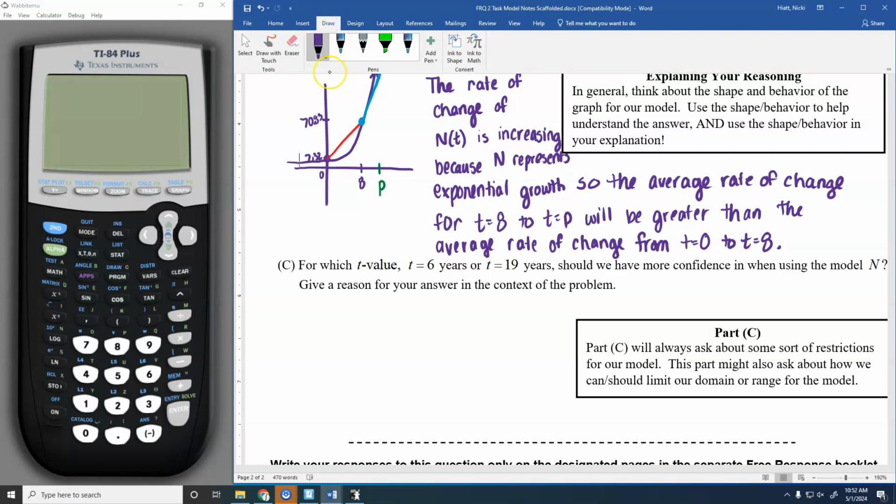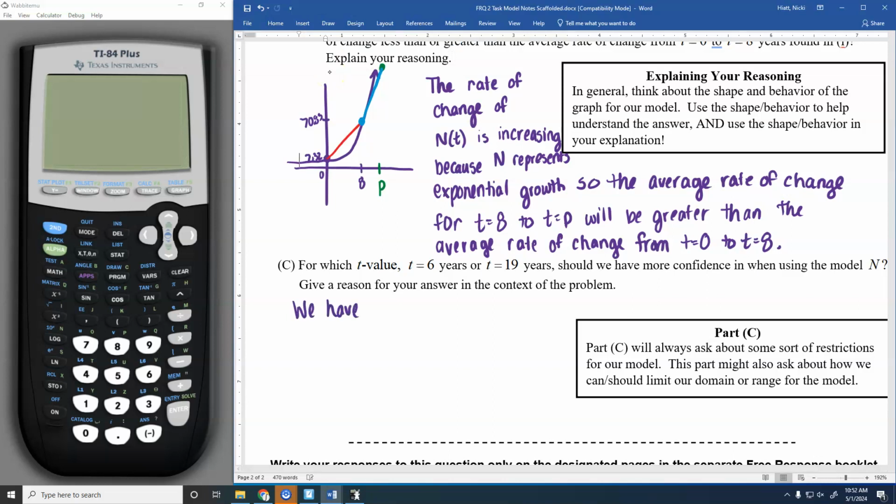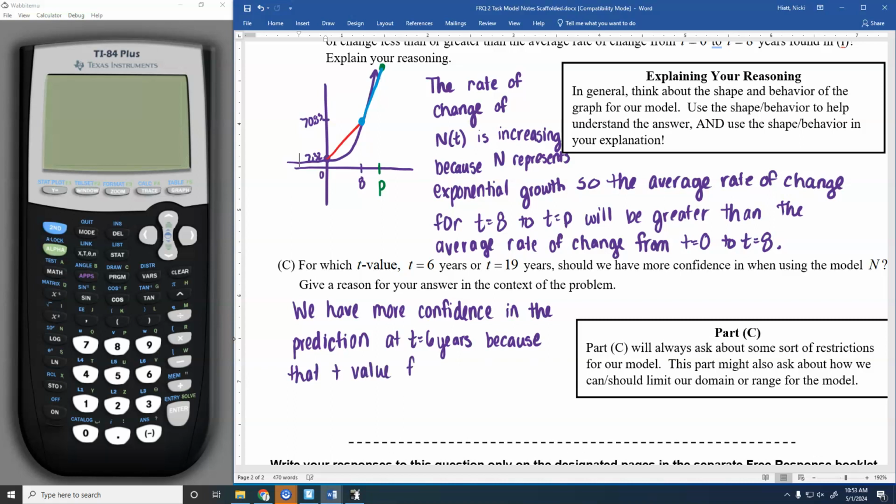So we should say we have more confidence in the prediction at t equals 6 years because that t-value falls within the data points we used for the model.